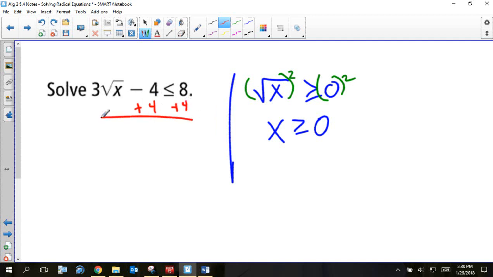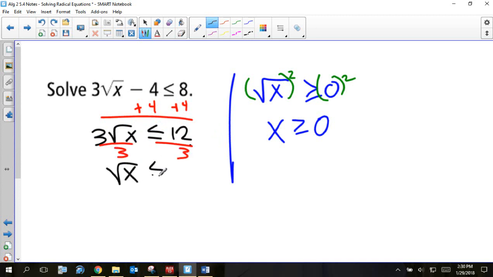It's just solving like regular equations. We're trying to get x by itself, only it's square root of x. So now I have 3 square root of x less than or equal to 12. Divide by 3. Square root of x less than or equal to 4. Square both sides. We have x less than or equal to 16.